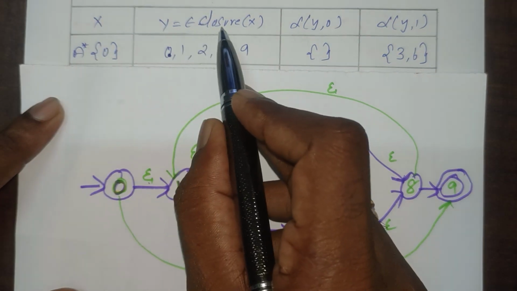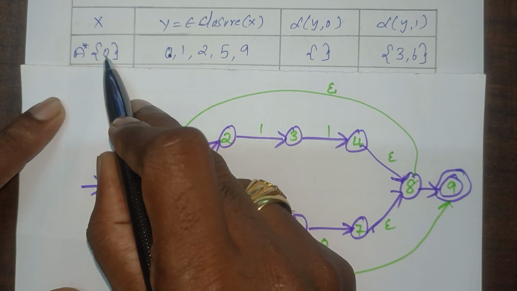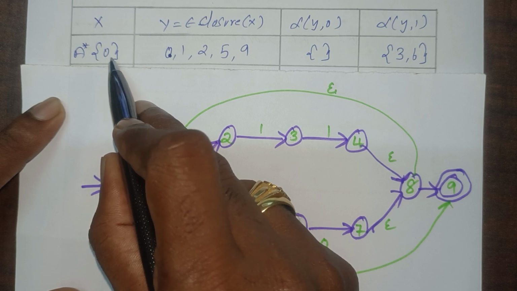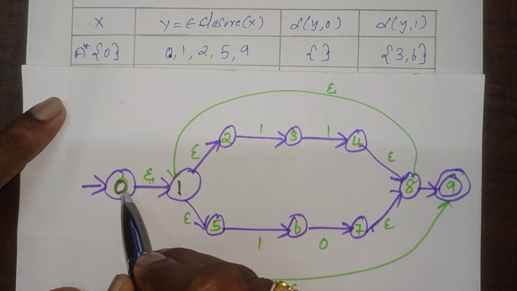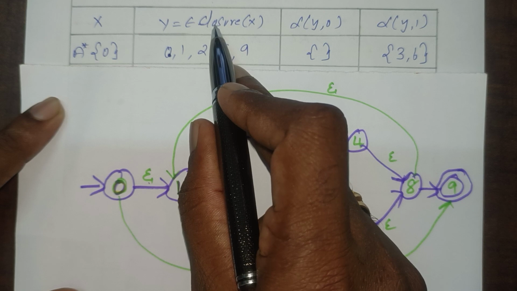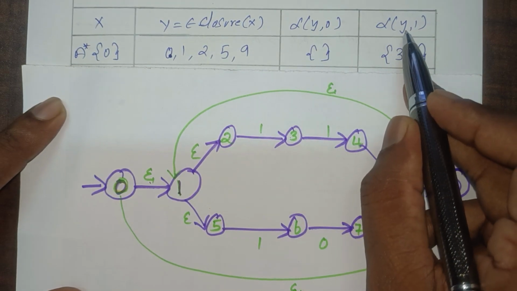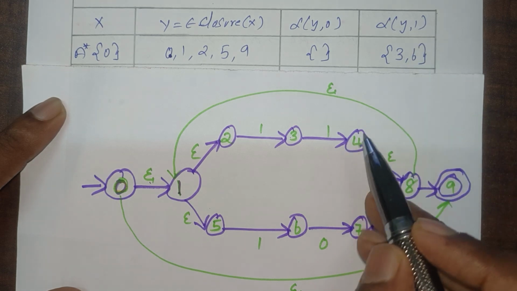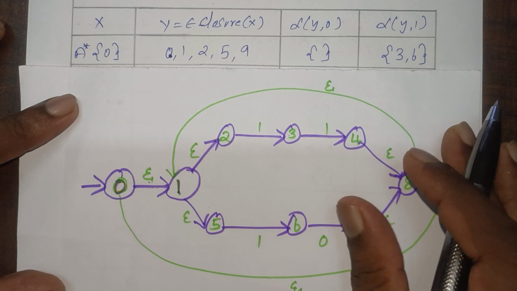X is generally mentioned here as a starting state. Now Y is equal to epsilon closure of X. We take this state 0 and find out, by taking epsilon, which other states state 0 is reaching. Then we find lambda(y, 0) as an input and lambda(y, 1) as another input. Let me show how exactly this X is taken.